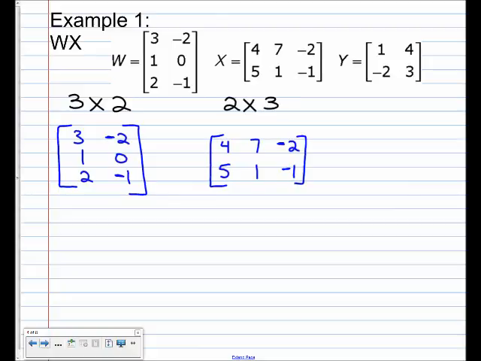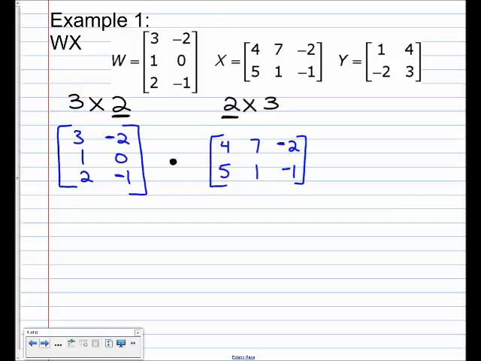Okay. So in order to multiply, we have to check to make sure it's possible. So here's how you check to make sure it's possible. I want you to underline the columns of the first matrix and the rows of the second matrix.